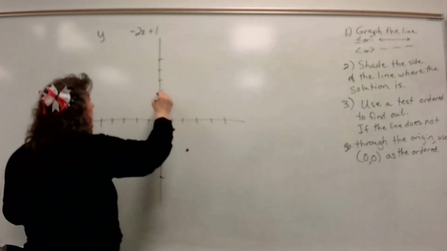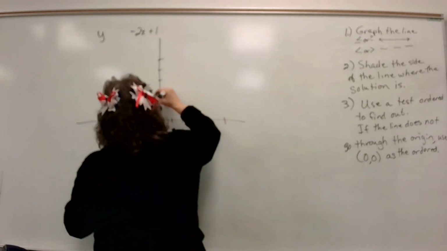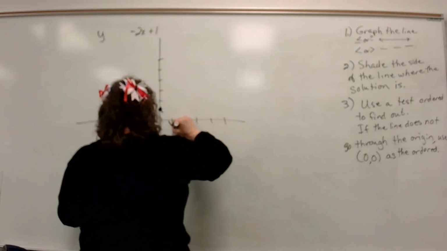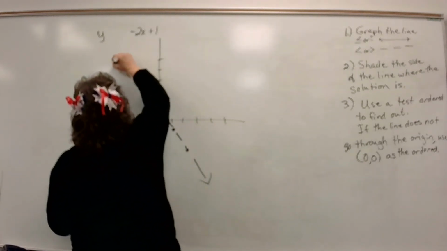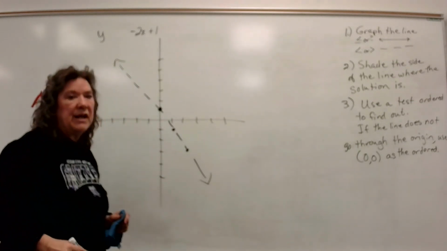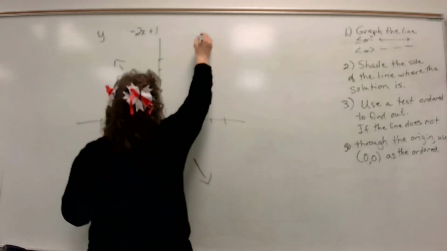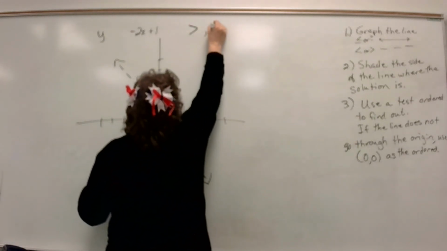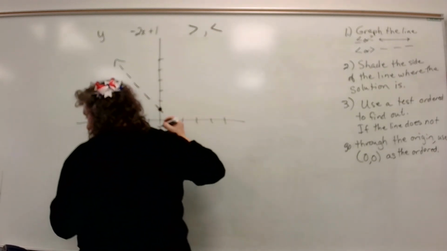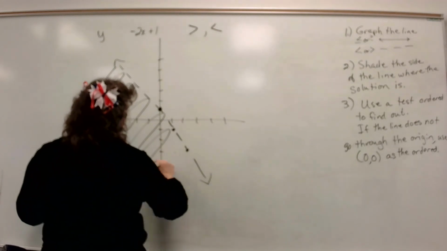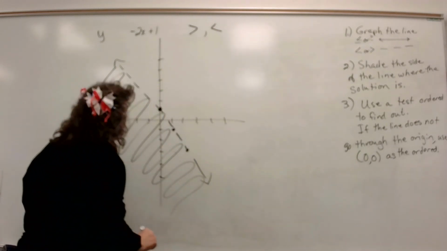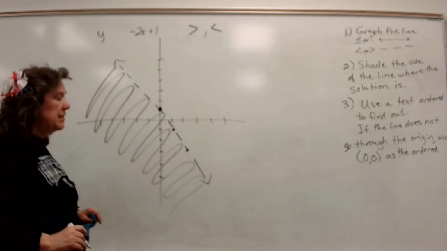And what I've been given is a dashed line. If it's a dashed line, it means that you either have a greater than or a less than to choose from. And this is the side that is shaded. So how do you know which one that is going to be?